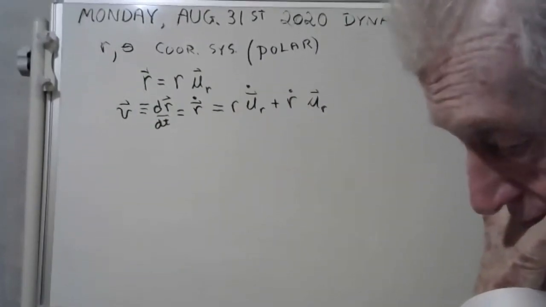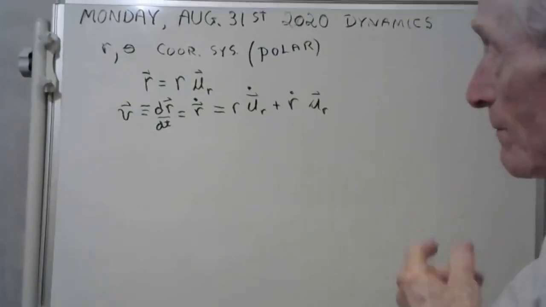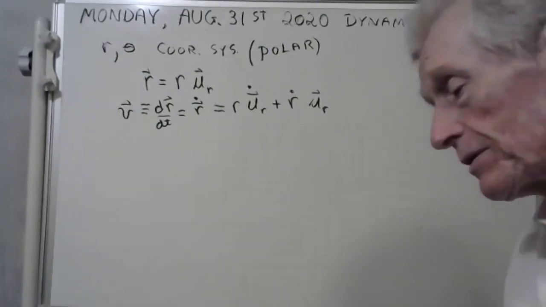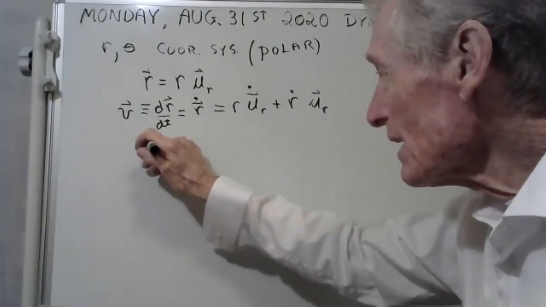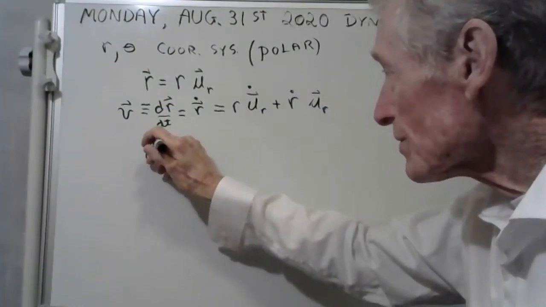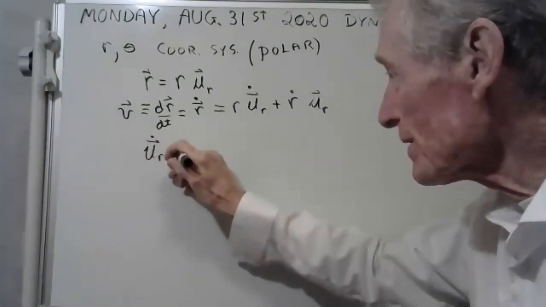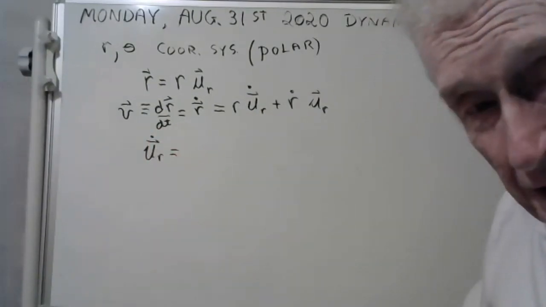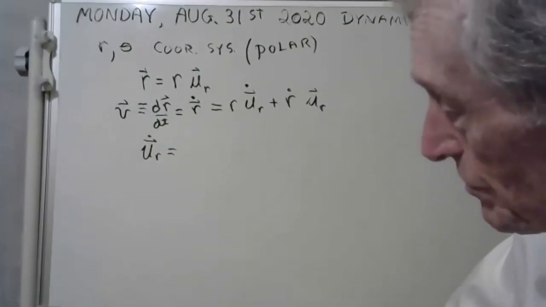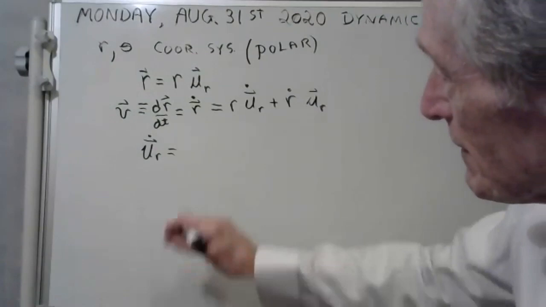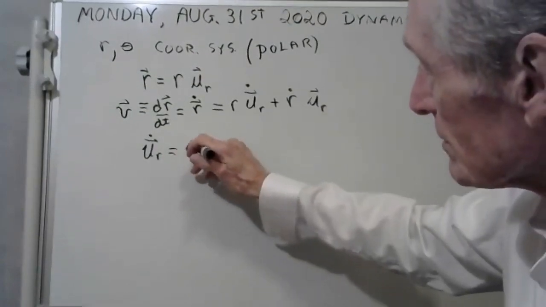The first derivative of the radial unit vector, I think I'm going to let you read your books for this. I could do it for you, but we got other fish to fry today. If you do that, you'll discover that it's equal to theta dot u of theta.